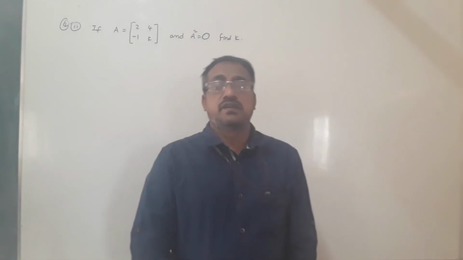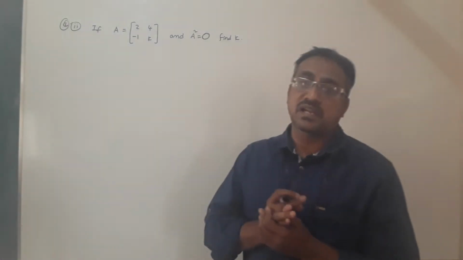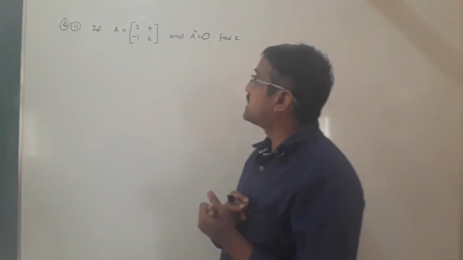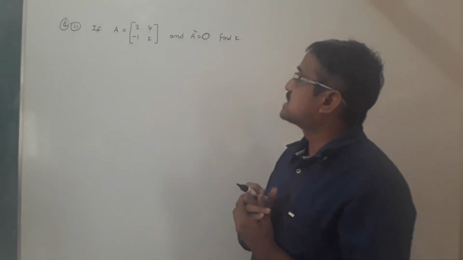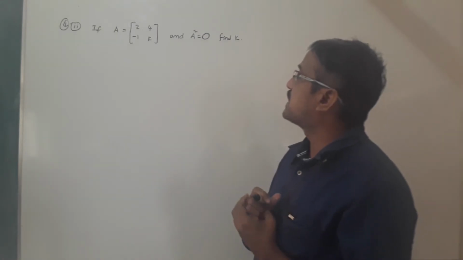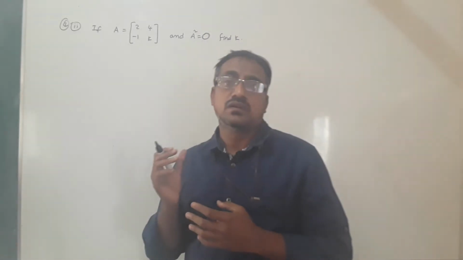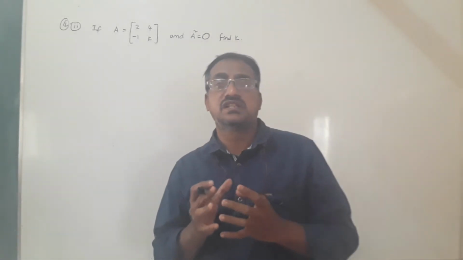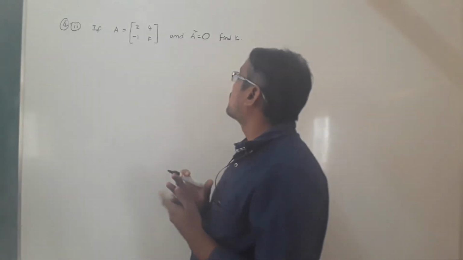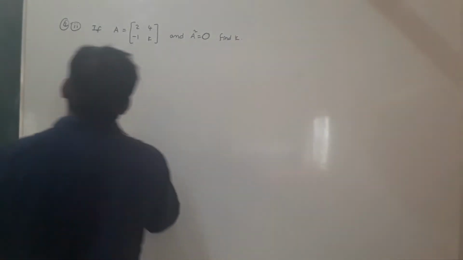Now it is also an important problem from multiplication of matrices. It is given that matrix A is equal to [2 4; −1 k] and A square is equal to O. A square is equal to O means it is a null matrix. Then you have to find k.